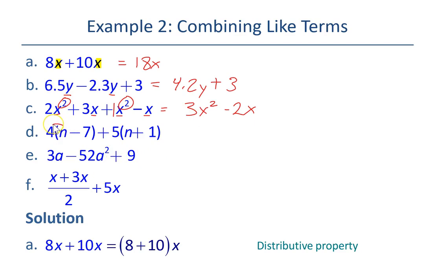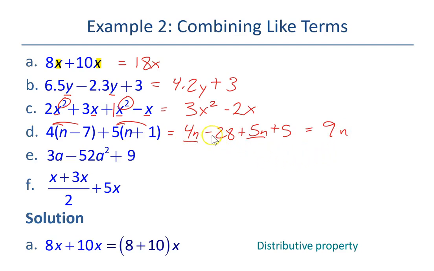On this one, it gets a little bit different, but all we're going to do first is distribute. When we do that, we're going to get 4n minus 28 plus 5n plus 5. Now I've got two like terms there because they've got the variable n, so that's 4 plus 5, which gives me 9n.